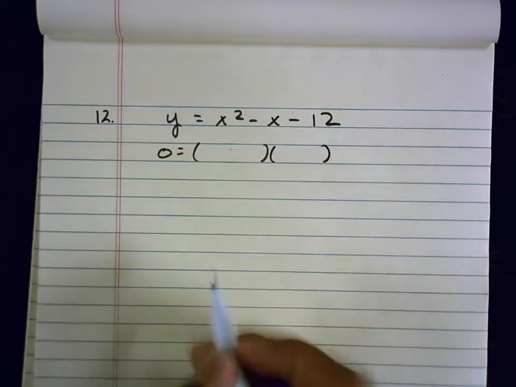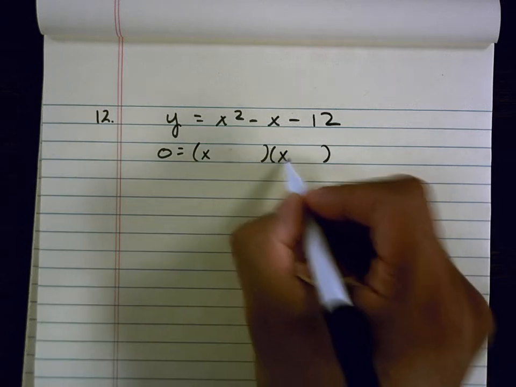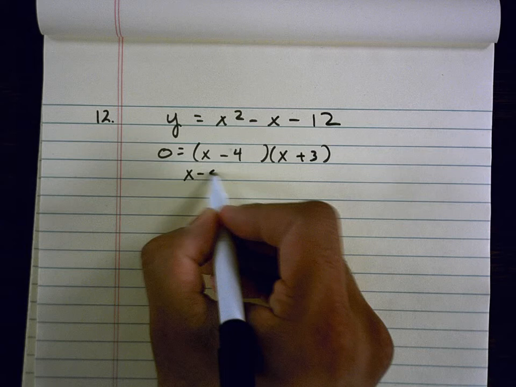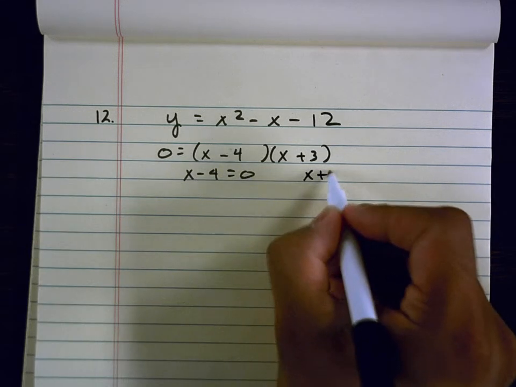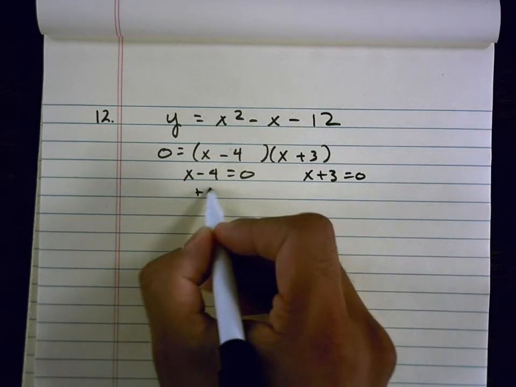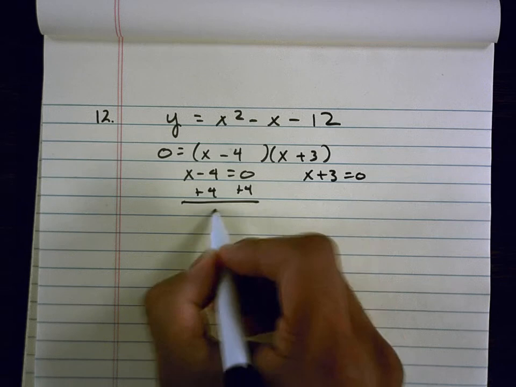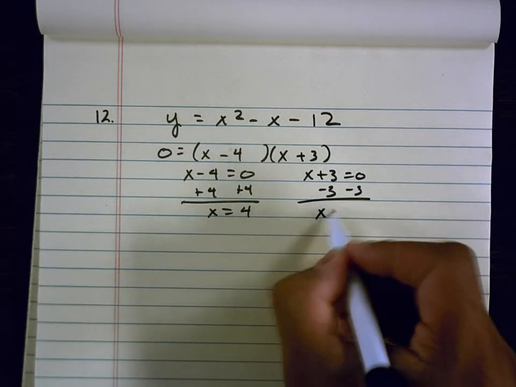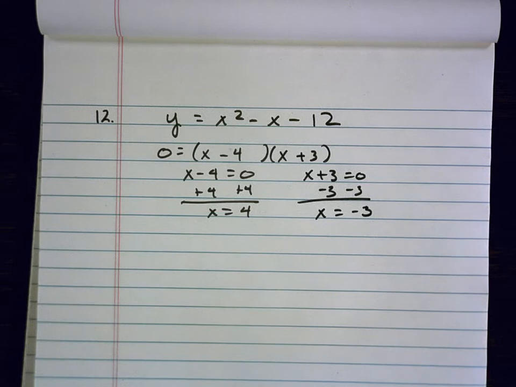Okay, set it equal to 0. Minus 4 plus 3. I get x minus 4 equals 0, x plus 3 equals 0, add 4 to both sides, and x equals 4. And x equals negative 3.